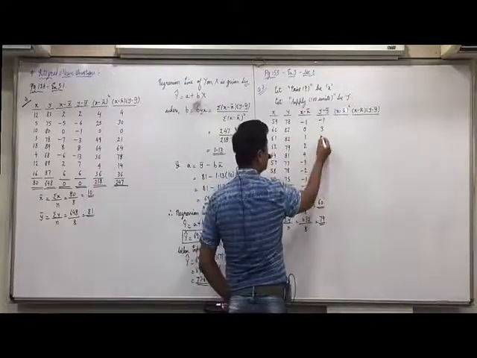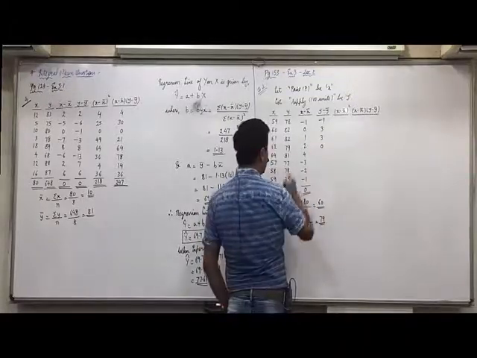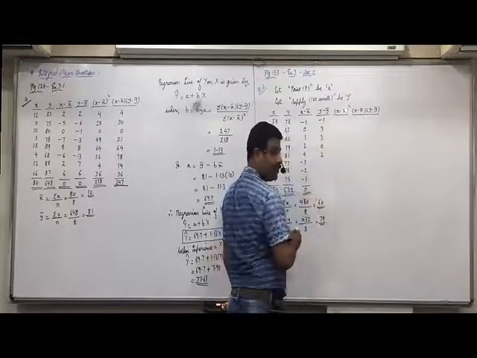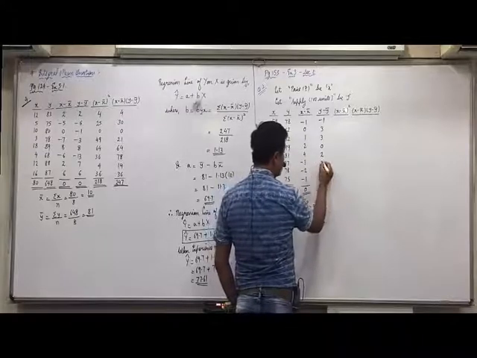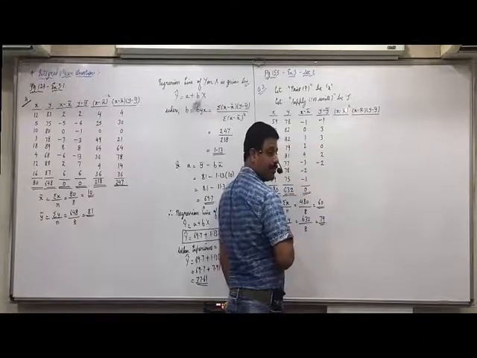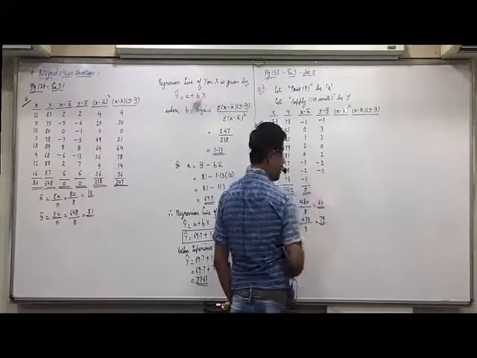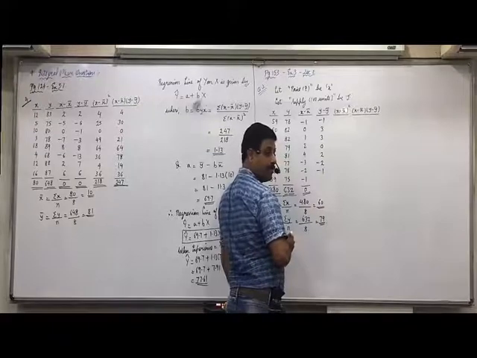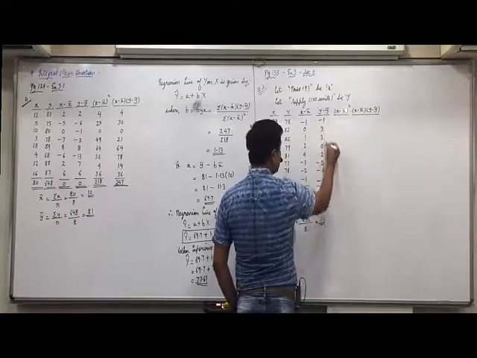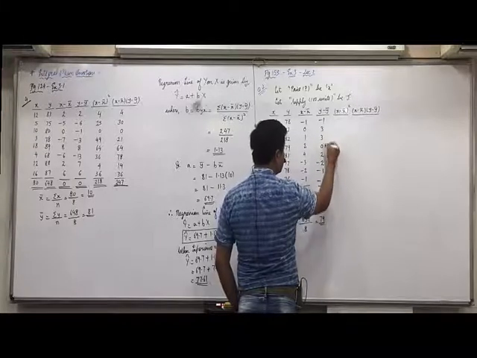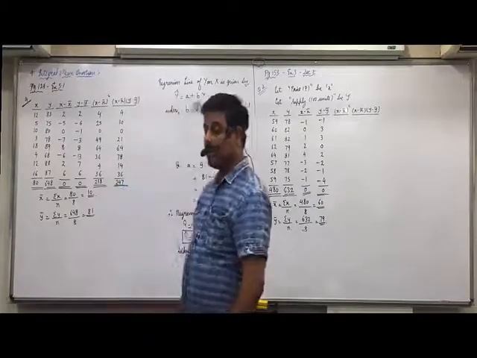Again 82, so plus 3. 0, 79 minus 79. 2, 81 minus 79 is 2. Minus 2, 77 minus 79. Minus 1, 78 minus 79. Minus 4, 75 minus 79. So now total must come 0. Negative is 1, 3, 4, 8. Positive is 3, 6, 8. It comes to 0. Any doubts in this? All are clear with it?